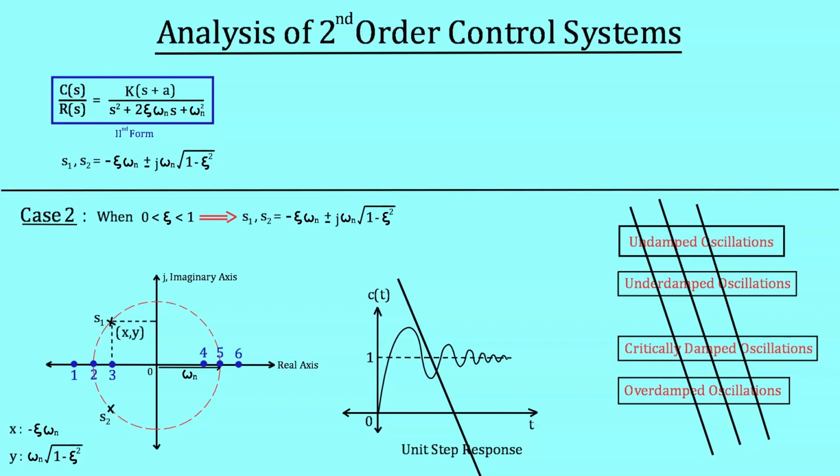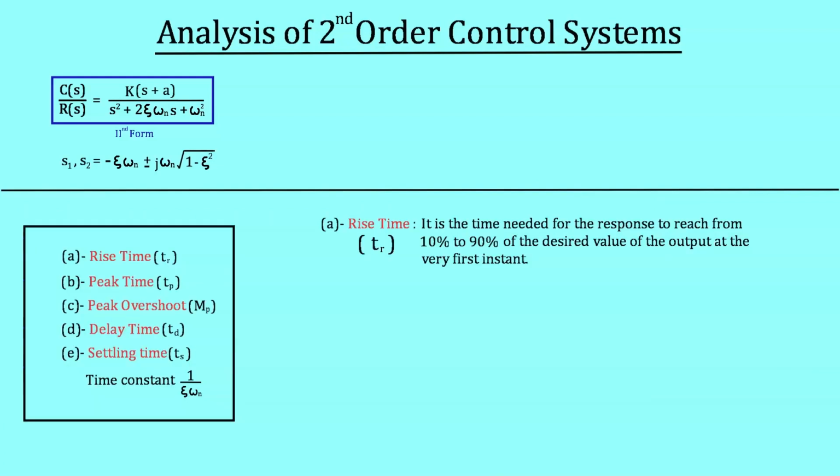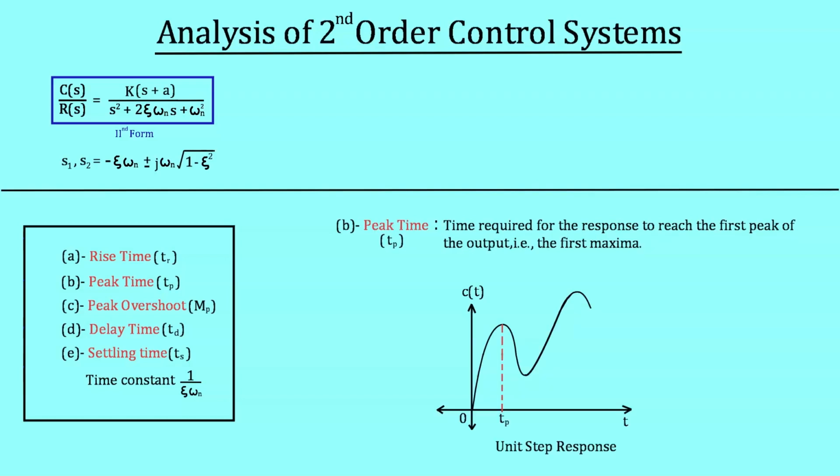Now let us see the definitions of different parameters which are valid for second order control systems consisting of a zero. The rise time is the time needed for the response to reach from 10% to 90% of the desired value of the output at the very first instant. Peak time is the time required for the response to reach the first peak of the output.